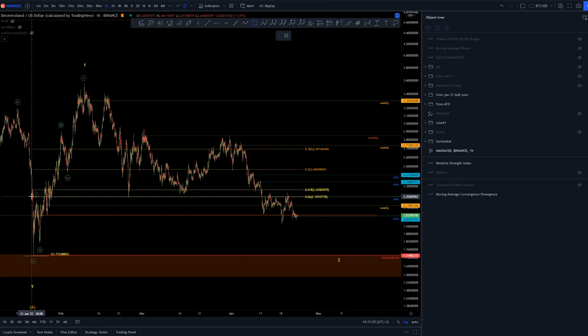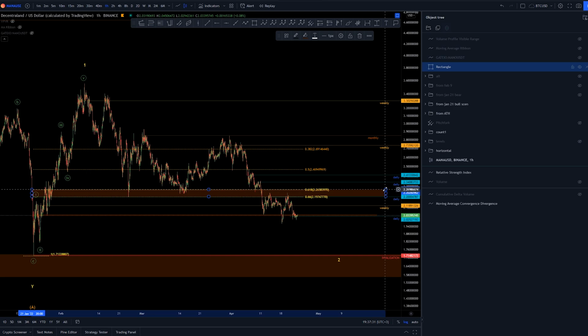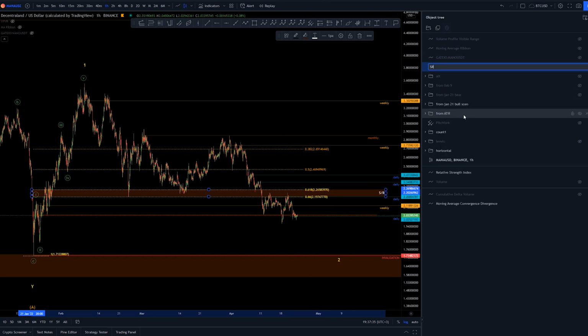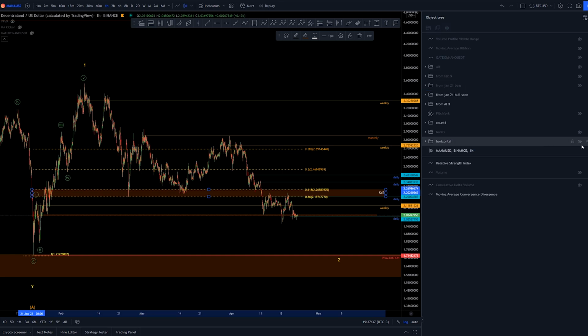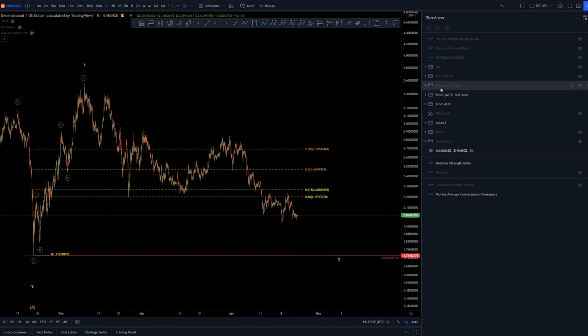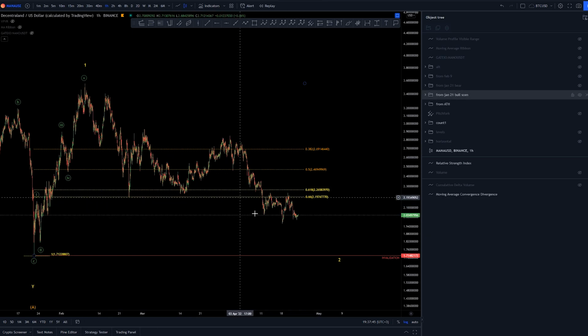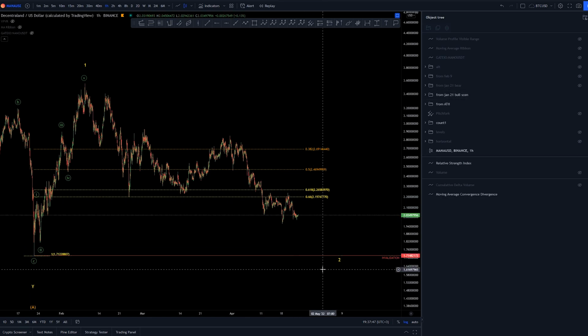So again, this area is now a support and resistance, so let's make that and put it into these areas. But yeah, it is definitely a sign of weakness if we go through the 0.618 here for the wave 2, making it more likely to be something else than a wave 2.